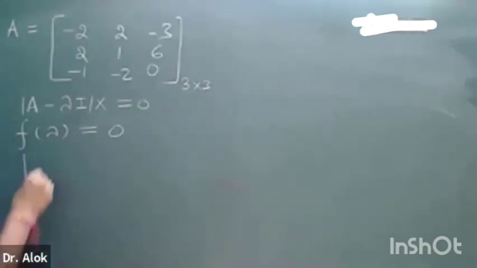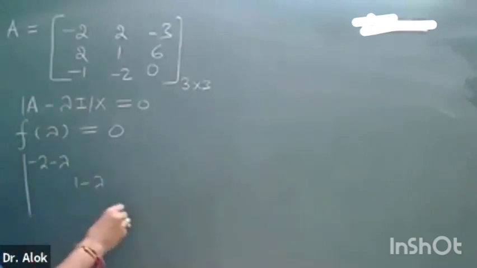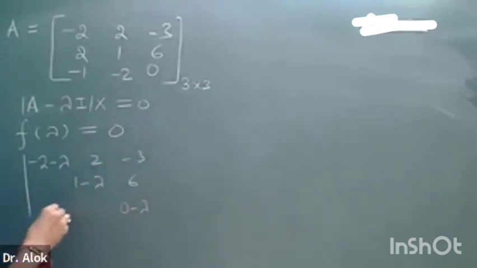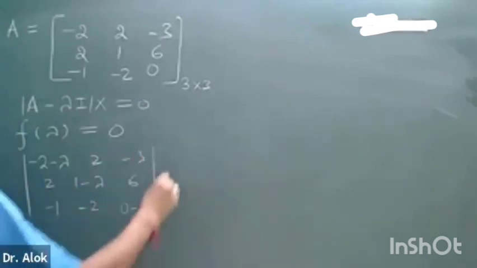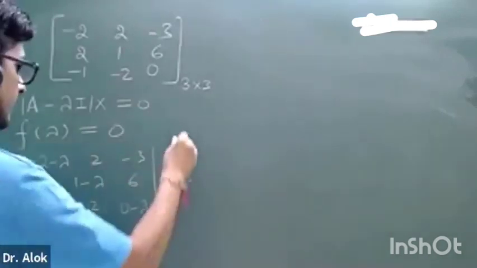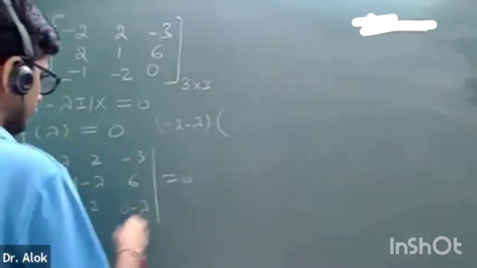So you will have to write it like this: minus 2 minus lambda, 1 minus lambda, 0 minus lambda, 2 minus 3, 6, 2 minus 1 minus 2 is equal to 0. And then open this. So it will become minus 2 minus lambda and this minus this.